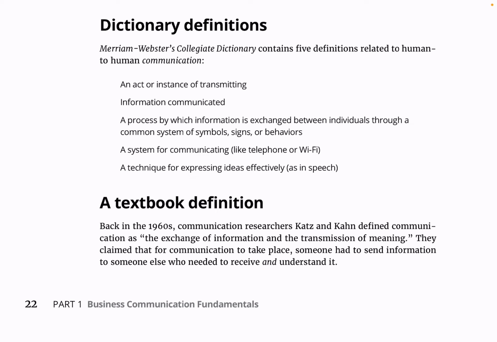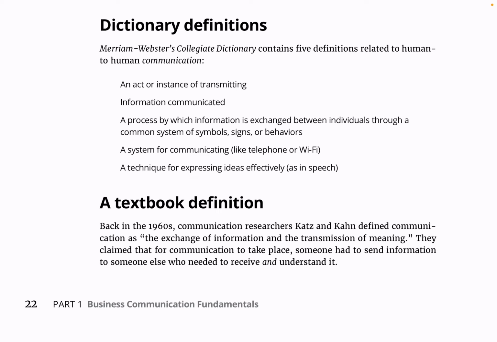First, an act or instance of transmitting. Second, information communicated. Third, a process by which information is exchanged between individuals through a common system of symbols, signs, or behaviors. Fourth, a system for communicating, like telephone or Wi-Fi. Fifth, a technique for expressing ideas effectively, as in speech.